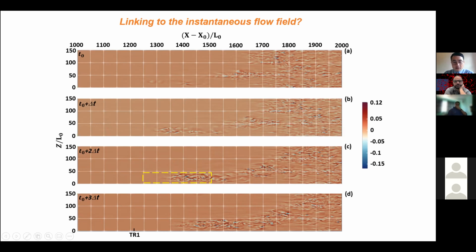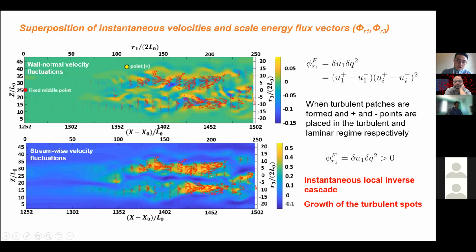We then use the third instance to do some instantaneous analysis within this yellow rectangle. And here's the result. Remember that the turbulent fluctuation flux is determined by the velocity difference between 2 points, which are denoted by plus and minus.